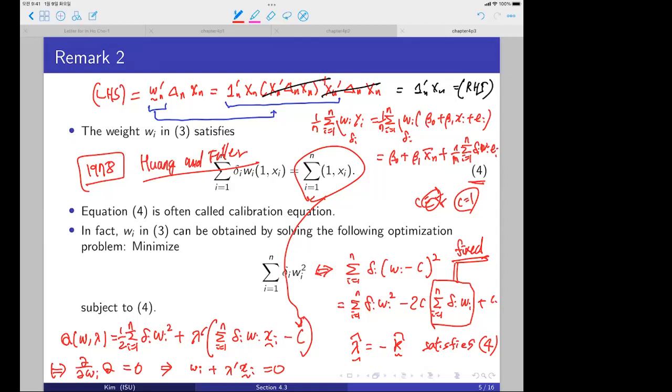Because in a survey we usually pay money to collect information. So I collect a single piece of information from one person by paying $100. I pay you $100 and get all the survey, and then after that, in the analysis, I put zero weight.